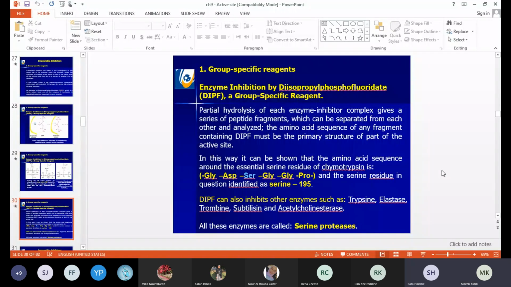So all the enzymes belonging to the serine protease category, which have serine involved in the catalytic triad, are able to be inhibited by this group-specific reagent, DIPF. The most important ones we hear about often are trypsin, subtilisin, thrombin, acetylcholinesterase, chymotrypsin, etc.